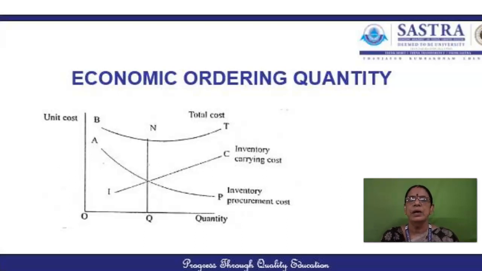Then the liberal discounts and the concessional freight rates may suggest the larger quantities, but the pros and cons of large purchases or the bulk purchases should be taken care of while the discounts are availed.